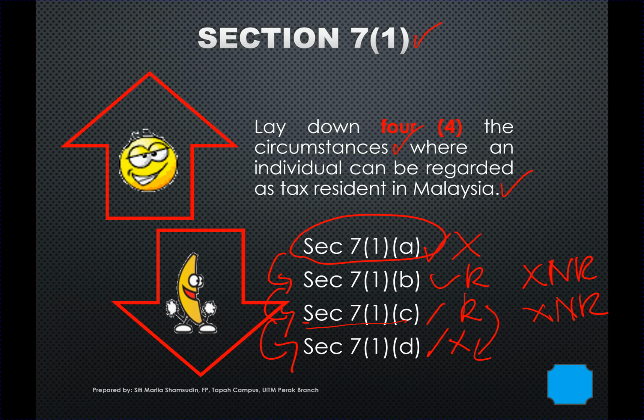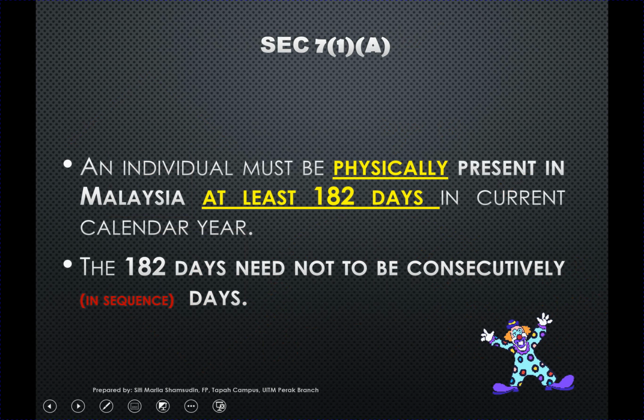Kalau dia satisfy all the requirement, dia jadi resident. Tapi kalau Section 71D pun dia tak satisfy, dia akan jadi non-resident betul-betul untuk that particular year.